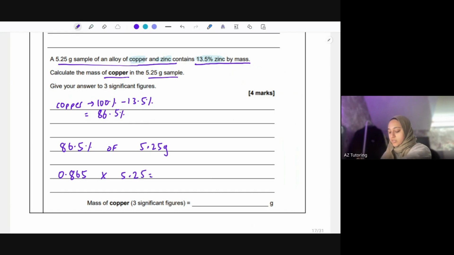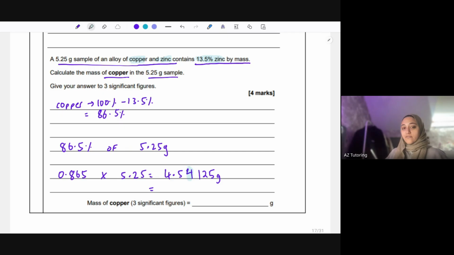Again, your GCSE math skills. Putting that in the calculator, 0.865 times 5.25. I've got a long number. It says give it to 3 significant figures. I'm just going to write the full number that's here, 5.54125 grams. Giving that to 3 significant figures, the third significant figure is this one here.